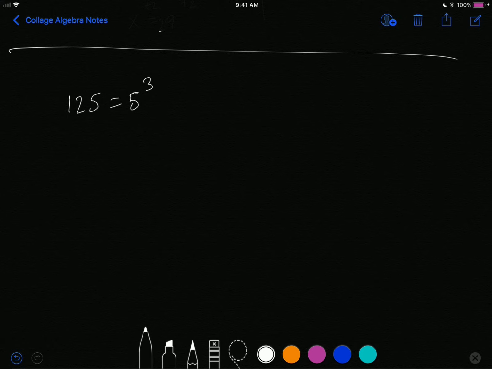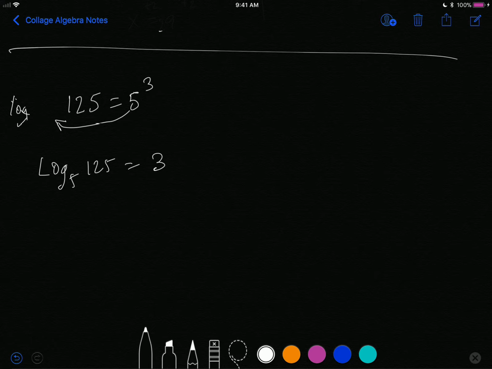All I have to do is take the 5 back over and add the keyword log back in. Just do exactly the opposite. So I will take the 5 back over and then add in the word log. And so I will get right here log base 5 of 125 is equal to 3. Just like that, I have converted back into logarithmic form.